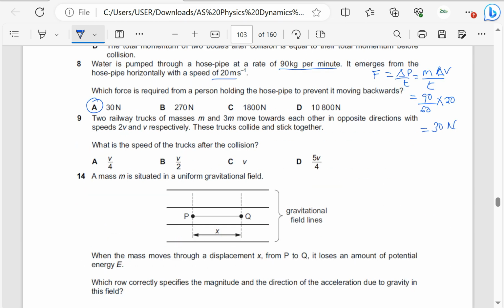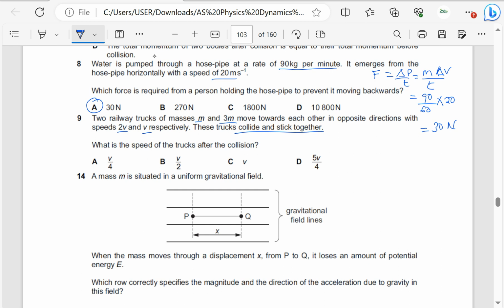Two railway tracks of mass m and 3m move towards each other in opposite directions with the speeds 2v and v respectively. These tracks collide and stick together. What is the speed of the tracks after the collision? So I'll use conservation of momentum.